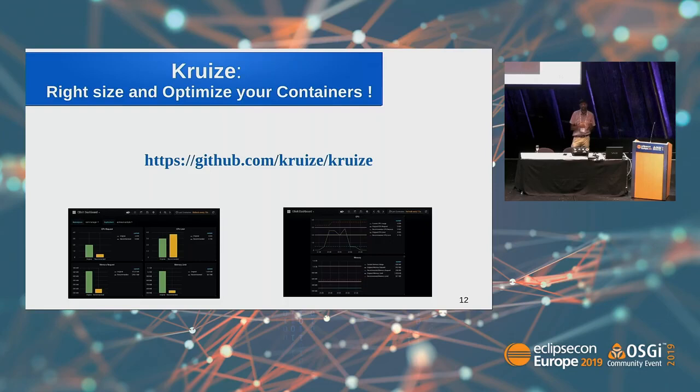And not only that, the problem here is that the sizes might change. We are putting in lots and lots of commits every single day. So if I size the container today, that might not be valid tomorrow because of all the changes that have gone in. Maybe I need more CPU, or maybe less, or maybe more memory, and so on. So the question is, how do you find the optimal size of the container?